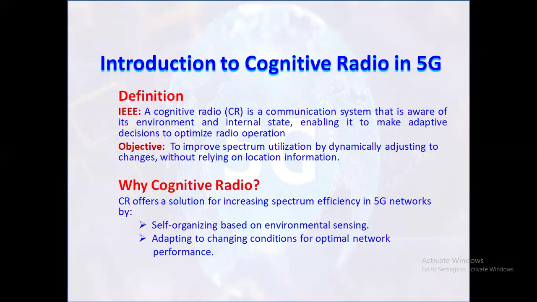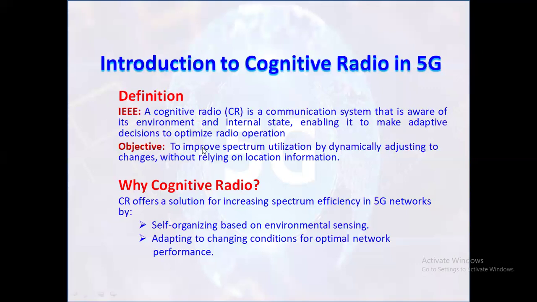Unlike other radio technologies, CR's decisions are based on environmental factors rather than on specific location data, which broadens its adaptability to different network contexts.